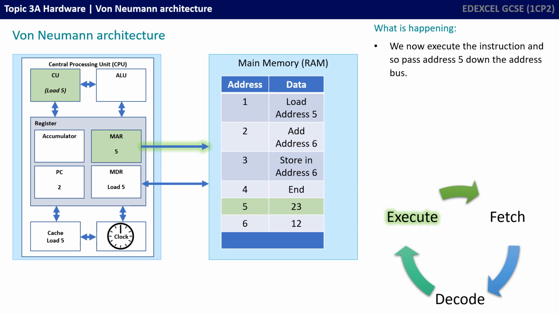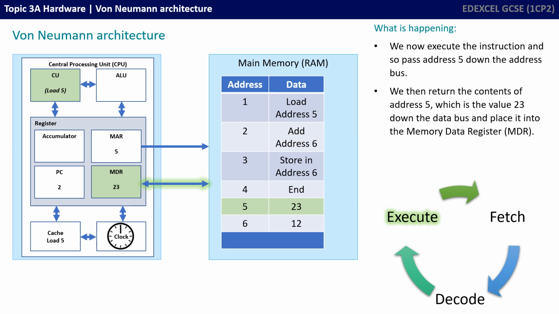We now execute the instruction and so pass address 5 down the address bus. We then return the contents of address 5, which is the value 23, down the data bus and place it into the memory data register. We copy the value from the memory data register into the accumulator.